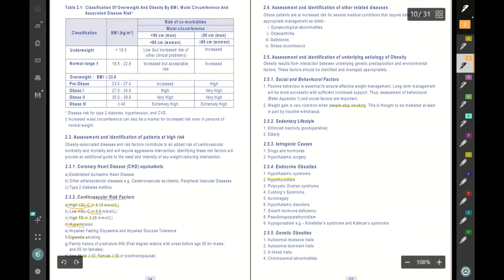And then there's hypertension, and cigarette smoking that leads to cardiovascular risk factor. And then age of more than 45 for males and more than 55 for females. But we must also remember that there are sometimes people who have obesity because of their endocrine illness, like hypothyroidism, polycystic ovarian syndrome.